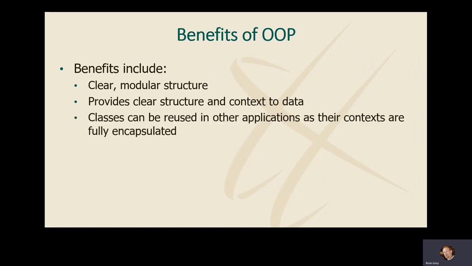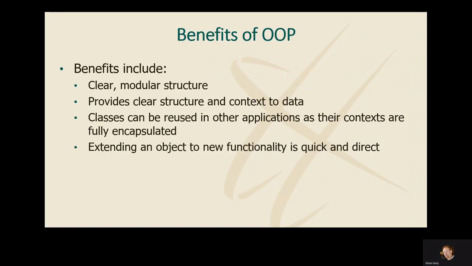And the nice thing is, because information is encapsulated, classes can be reused in other applications. If my player character class contains all the information for a generic player character, and I realize, oh crap, I'm making another video game, that's going to be useful. I can just pull that in and it's go time.